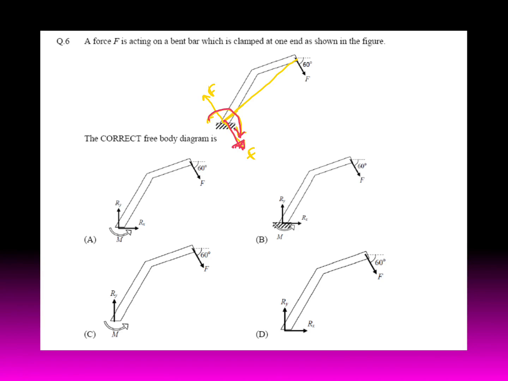So in case of a free body diagram you have to remove the support. So at the support you will get a reactive couple.